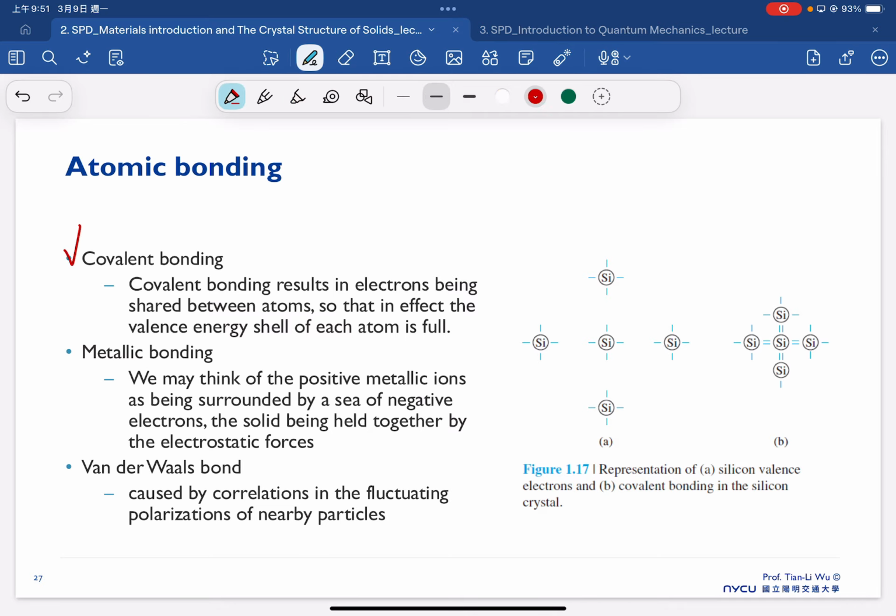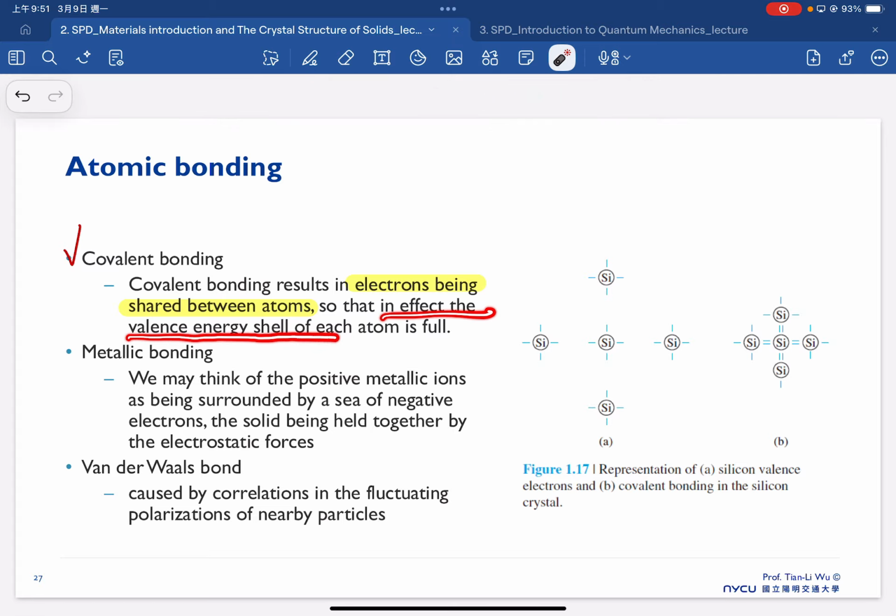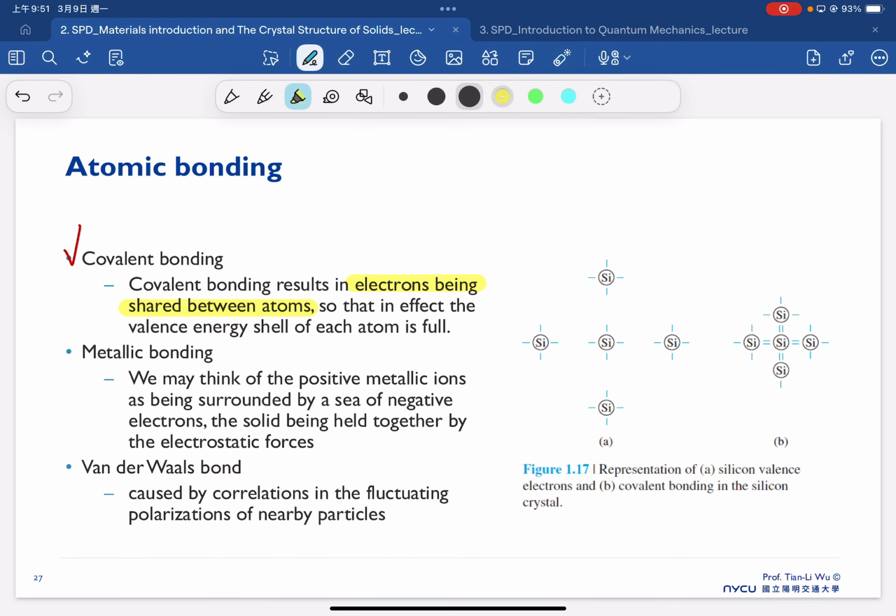Covalent bonding results in electrons being shared between atoms, so that in effect the valence energy shell of each atom is full. The idea is that if we consider one silicon atom, as you know, the outer shell of the silicon atom has 4 electrons.